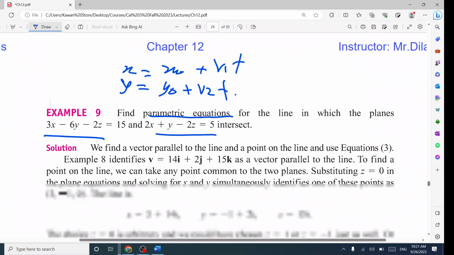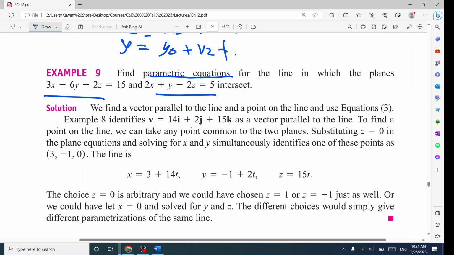Advanced calculus. Look here, you can underline this one to memorize it when you review it. Then we are going to solve the equations of the plane. How?